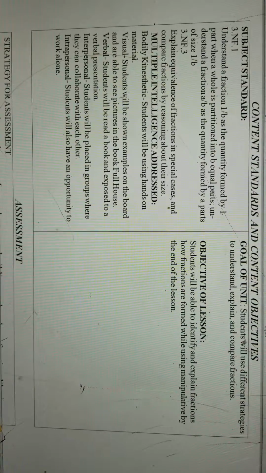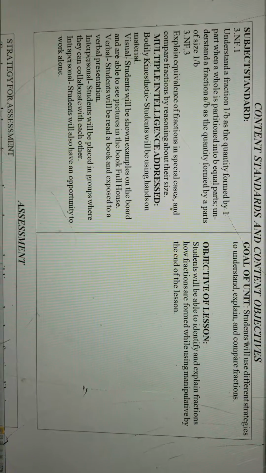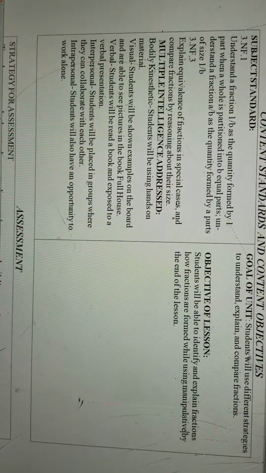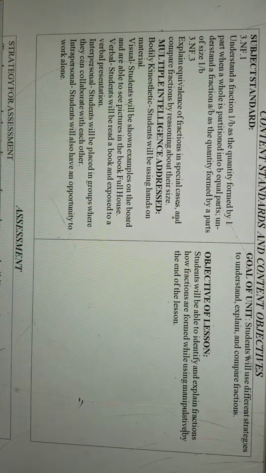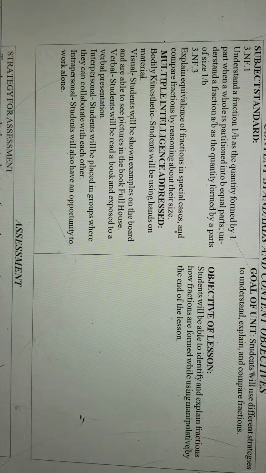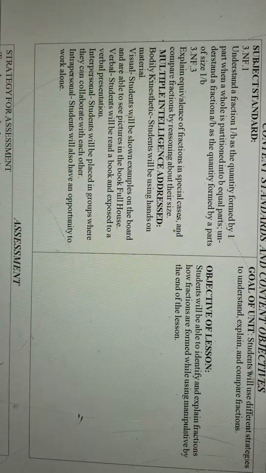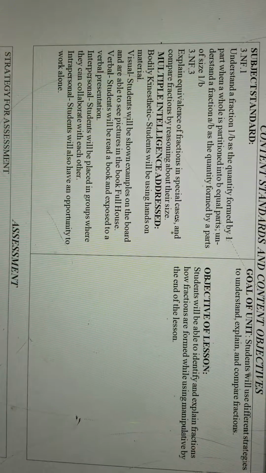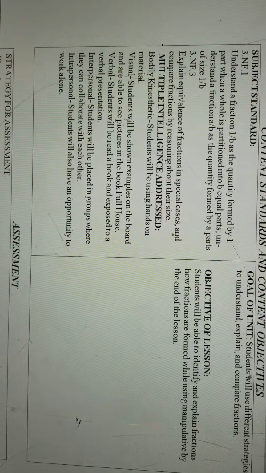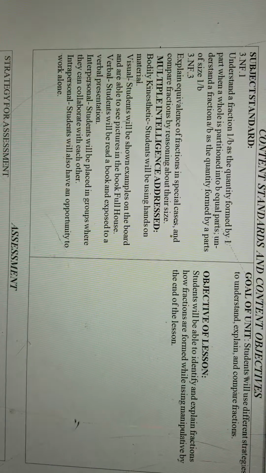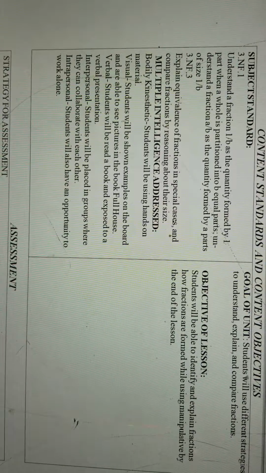For the content standards and content objectives, here I have for subject standards, understand a fraction 1 over b as a quantity formed by one part when a whole is partitioned into b equal parts. Understand a fraction a over b as a quantity formed by a parts of size 1 over b.